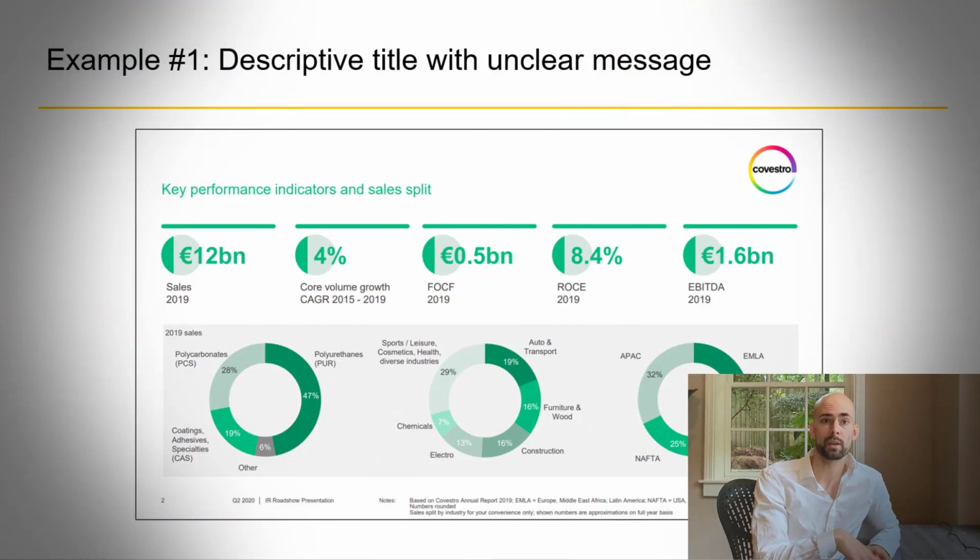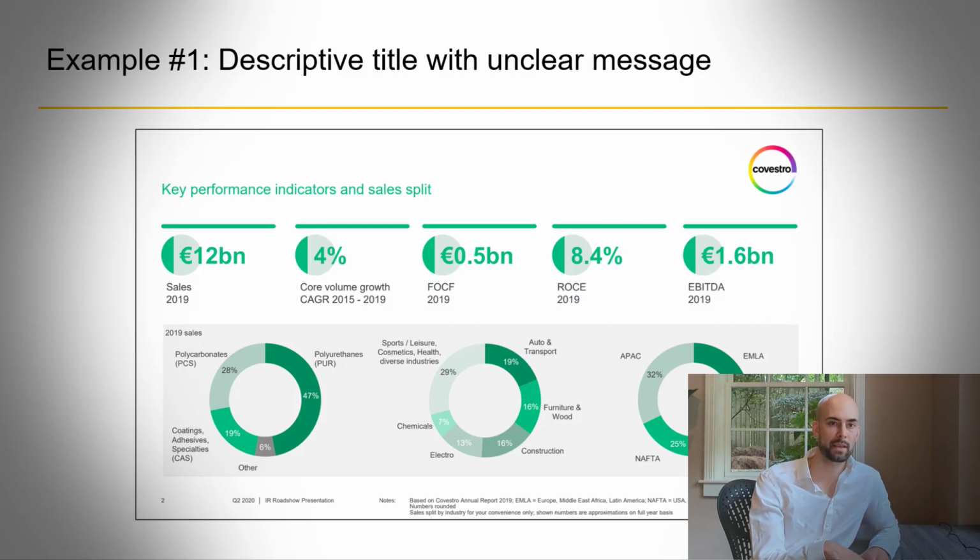Now let's look at a few example slides. Here's a slide, which is a typical investor relations slide with a bunch of KPIs: revenue, growth rates, EBITDA, sales split by region, by segment, by geo, with a lot of data on it, which I think is first of all a good thing. But then the title only states key performance indicators and sales split.